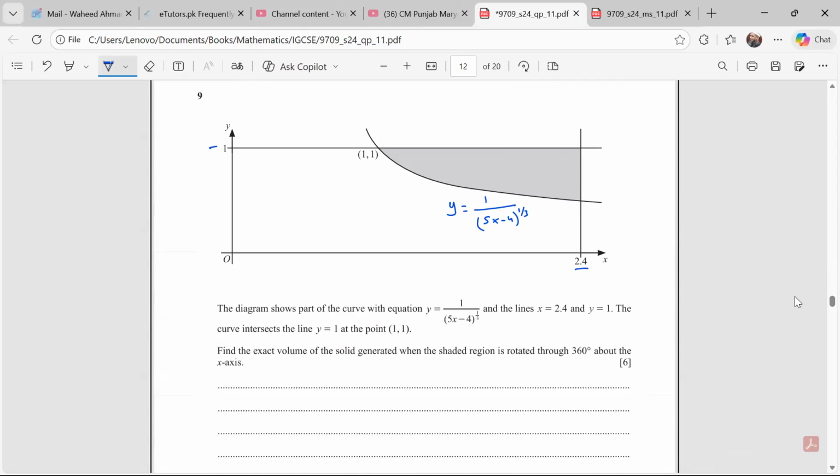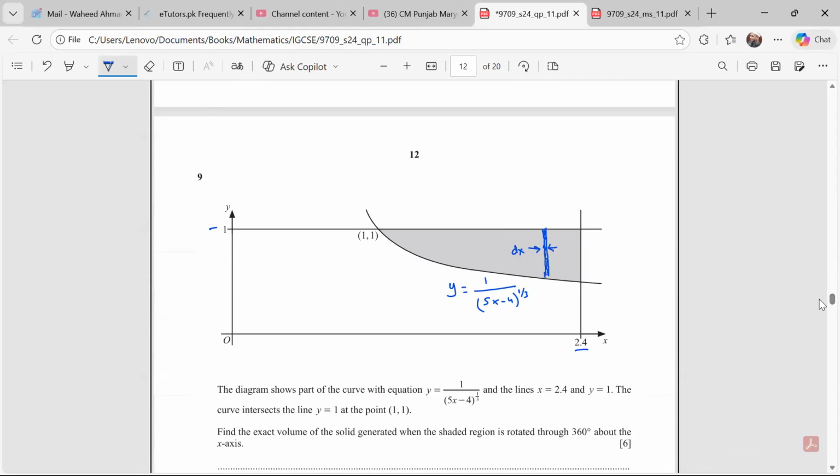Interesting. So consider a thin plate over here, a very thin plate whose width is just dx. When this thin plate is rotated around the x-axis, you can imagine that it will form a disk.